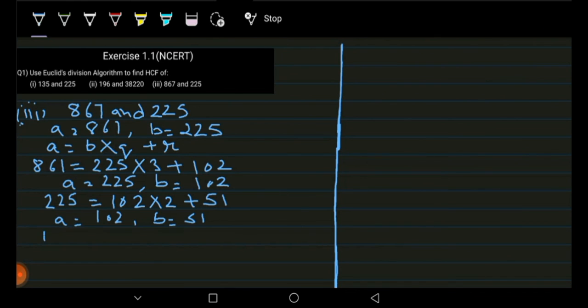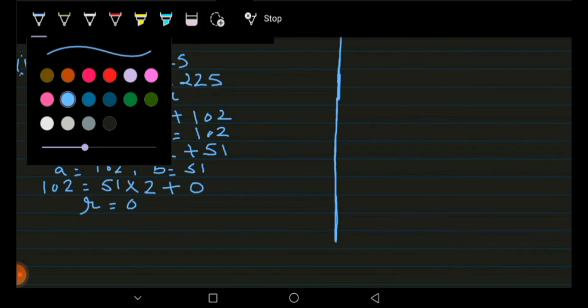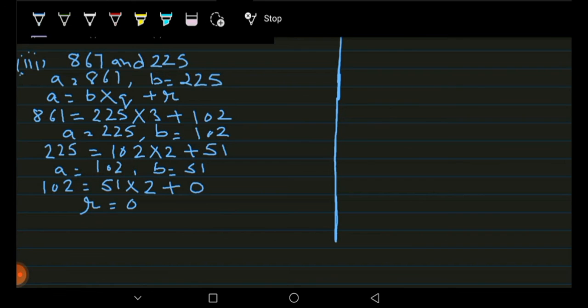Putting in the formula, we get 102 is equal to 51 into 2 plus 0. Here R equals 0. Hence the HCF will be 51.